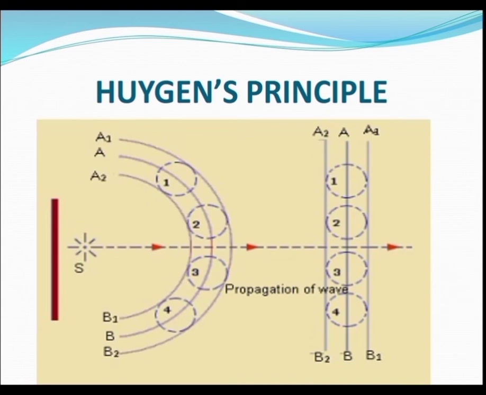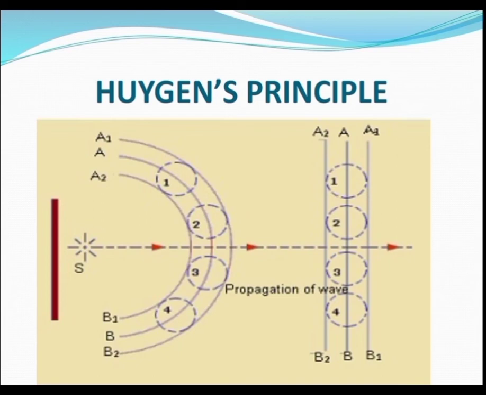Huygens principle. In the diagram, S is a point source. All the waves are traveling in the form of spherical wavefronts in all possible directions. Let AB is a primary wavefront at any instant of time. Every point on this wavefront acts as a new source of disturbance.